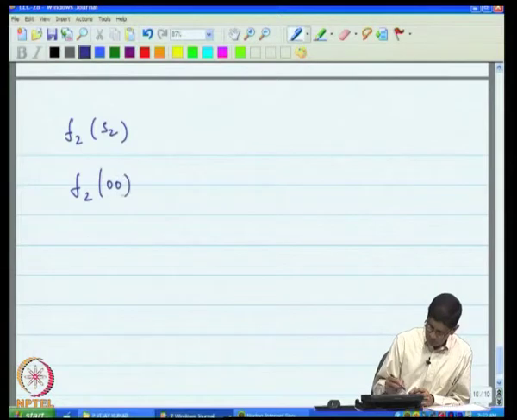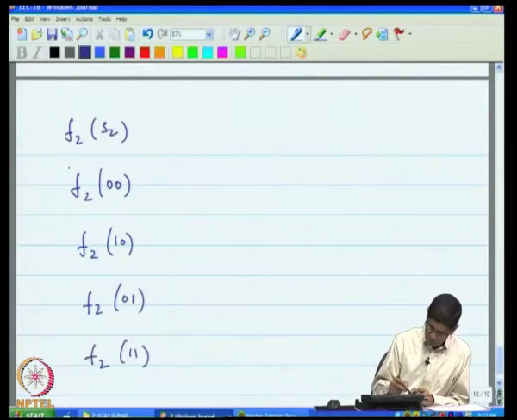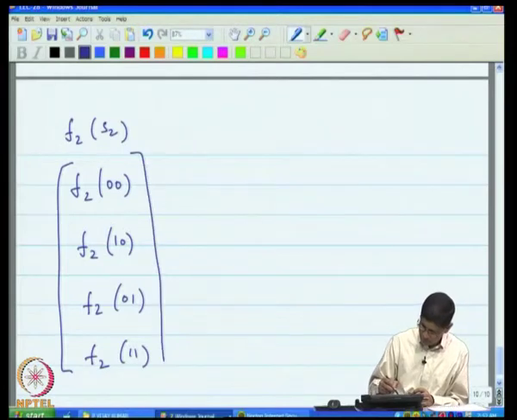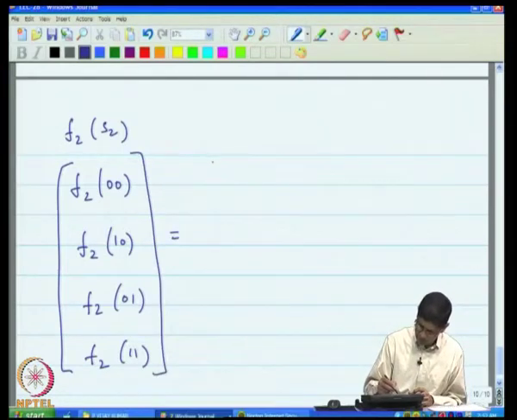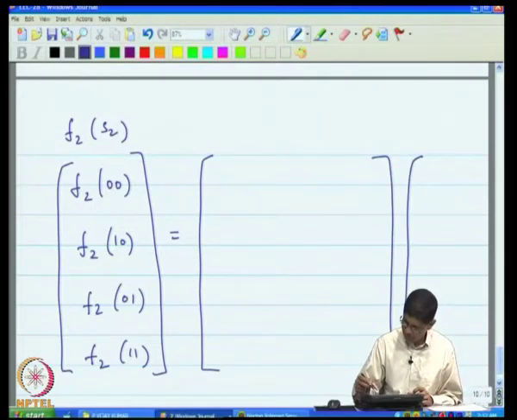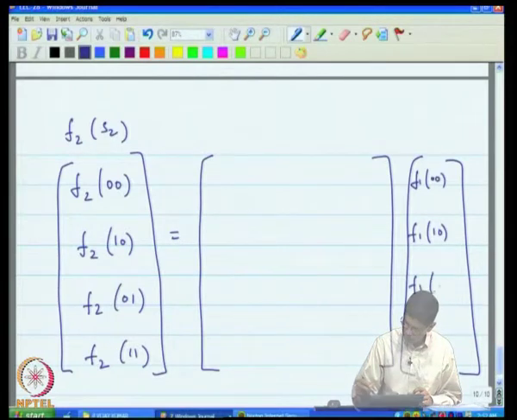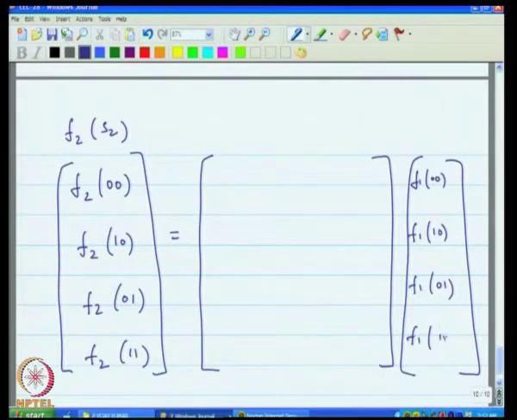So, you will compute F2 of 0 0, F2 of 1 0, F2 of 0 1 and F2 of 1 1, and this is computed by multiplying a matrix with F1 of 0 0, etc. So, this is in general F1 of S1, and this matrix is nothing but your gamma of S2 S1.